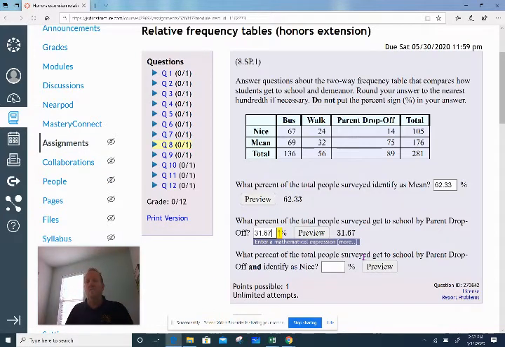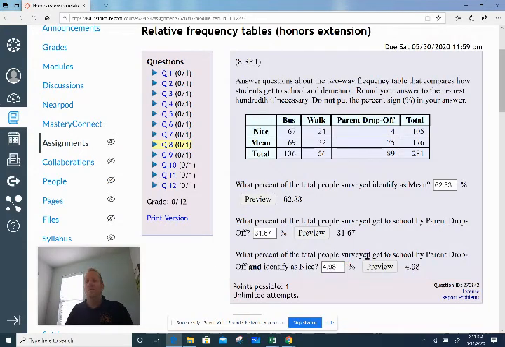And what percentage of the total people surveyed got to school by parent drop-off and identify as nice? Nice parent drop-off, 14 out of 281 is 4.98.